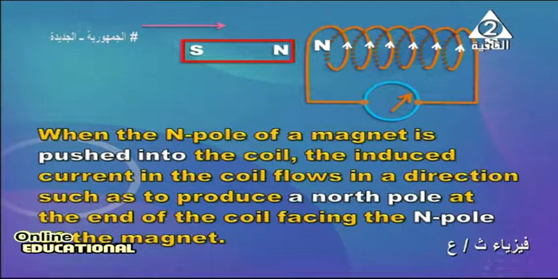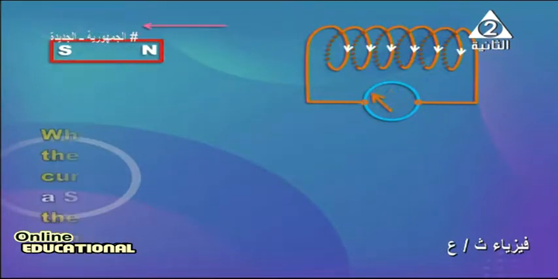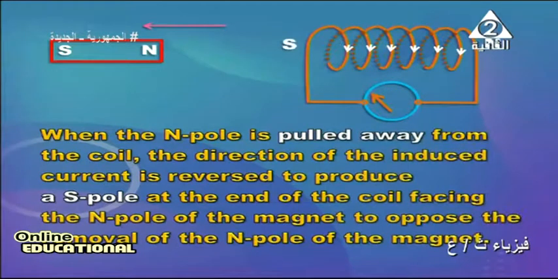Now what if the magnet is pulled away, the removal of the magnet? What happens? The current is reversed. North Pole is moved away, a South Pole is produced. When the North Pole is pulled away from the coil, the direction of the induced current is reversed to produce a South Pole.